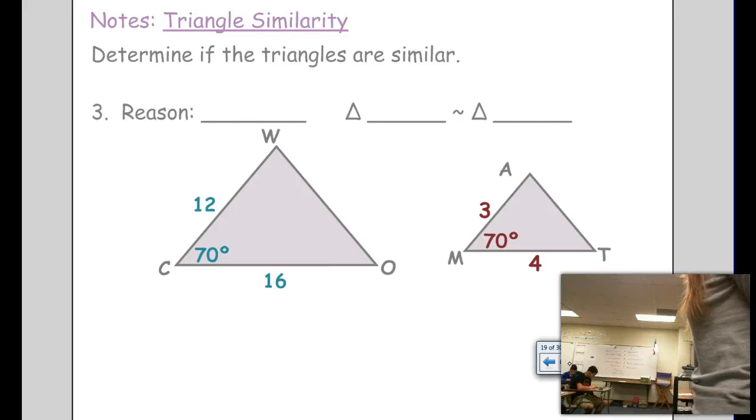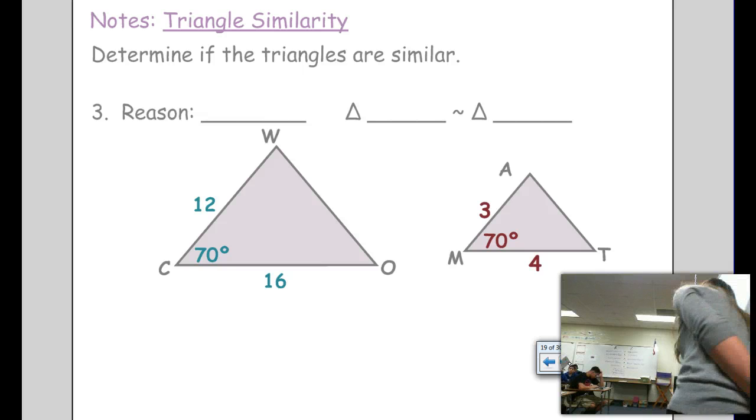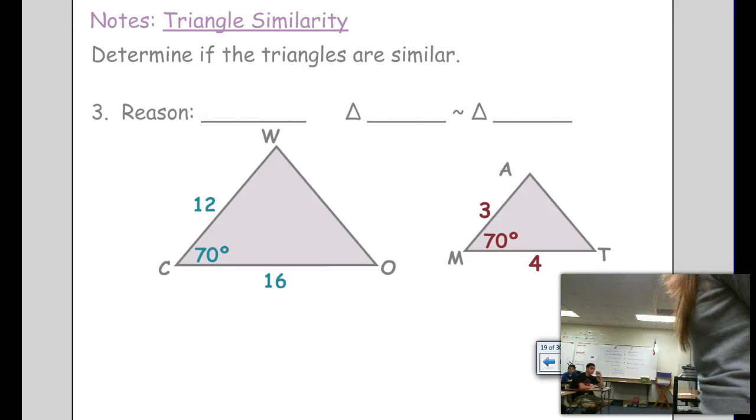No, I would mark that wrong on a quiz. Yes, very good. You got it. Try again. I would still mark that wrong. You're missing something, Kendall. Something really important. You're saying they're congruent, not similar. There we go. Good.